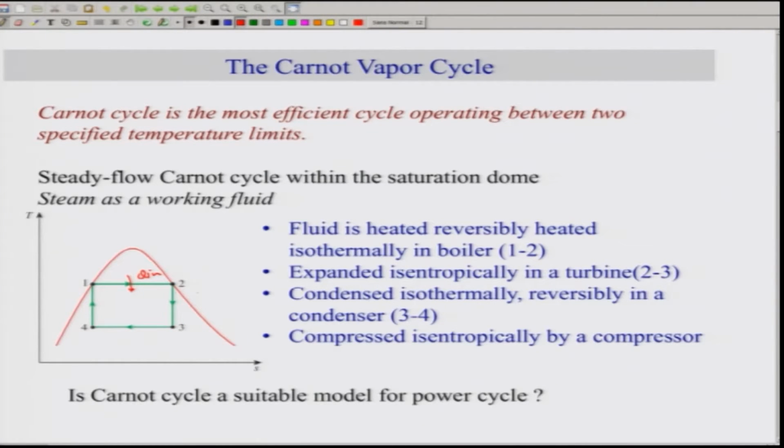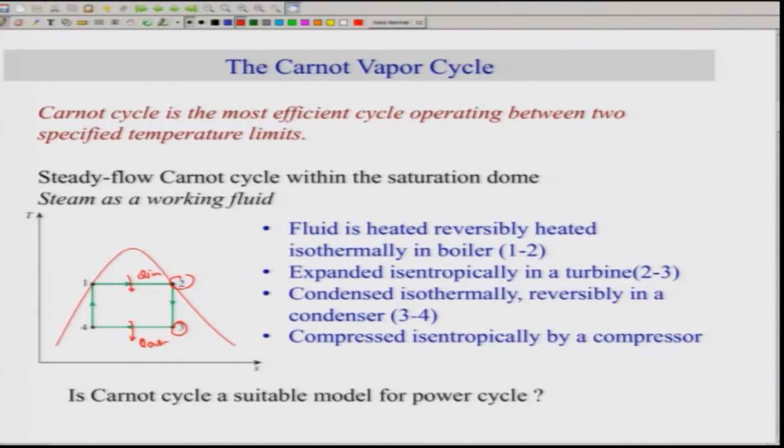And 2 to 3 is where the steam is expanded isentropically, having a constant entropy. State 2 is your saturated vapor. It gets expanded, creating a final state 3, where it is a mixture of vapor and liquid. And finally 3 to 4 is a process where it is condensed isothermally and reversibly in a condenser. That means there is a Q out.